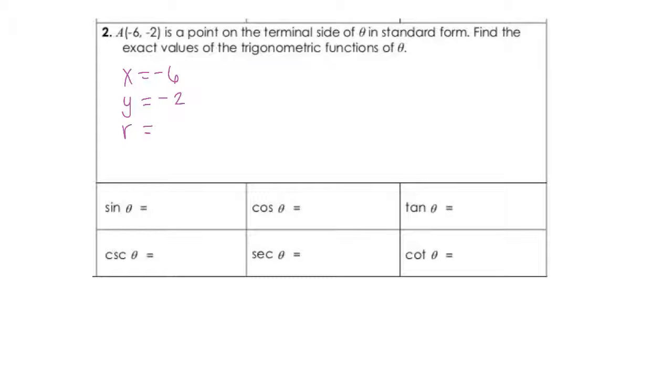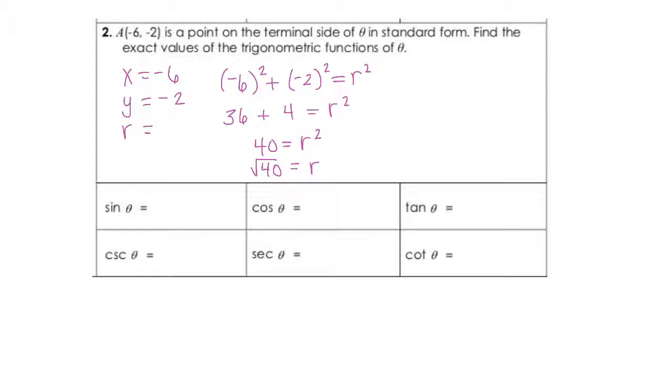So again, we know x squared, so negative 6 all squared, plus y squared equals r squared. So we have 36 plus 4 equals r squared. So we have r squared is 40. Now we're going to have the square root of 40.